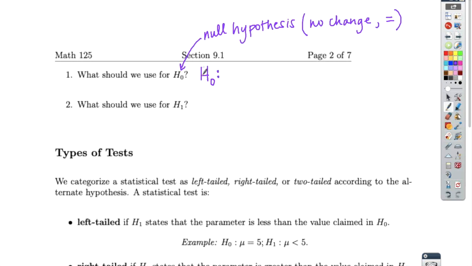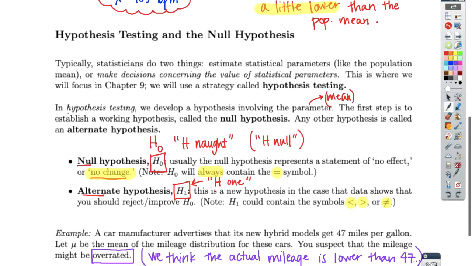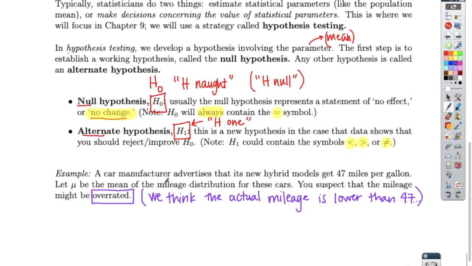This is basically a statement of what my null hypothesis is. And now I'm going to write an equation. Remember, the null hypothesis always has an equal sign. We're talking about the mean of the mileage, so mu.